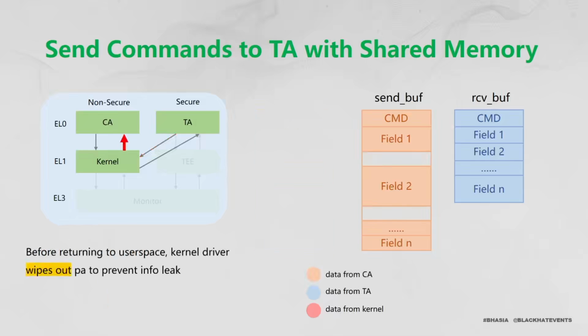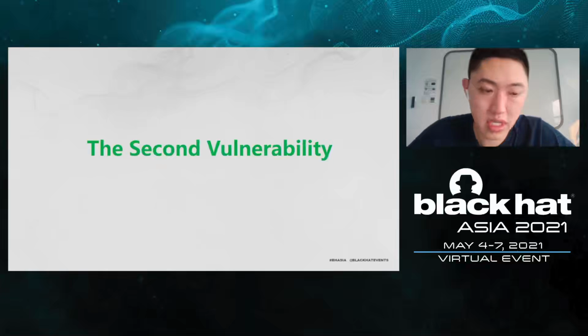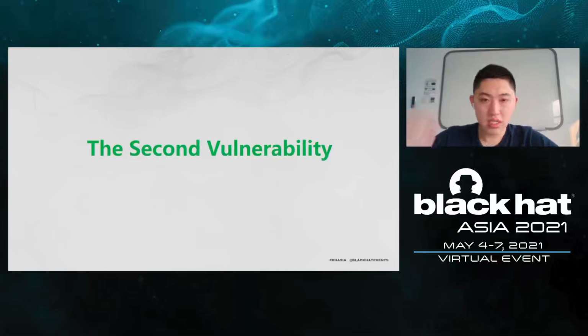But before that, the physical addresses are wiped out for security reasons, of course. So as the physical address will not get leaked to the user space, we need to find a vulnerability that can leak the physical address of the shared memory we are using.